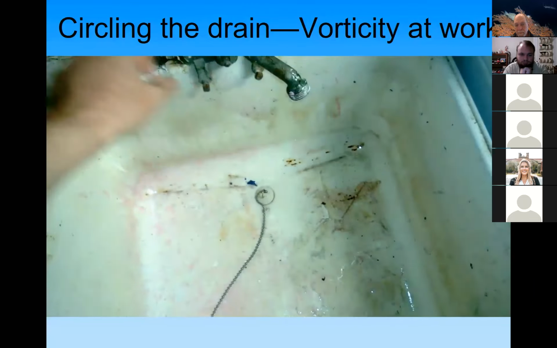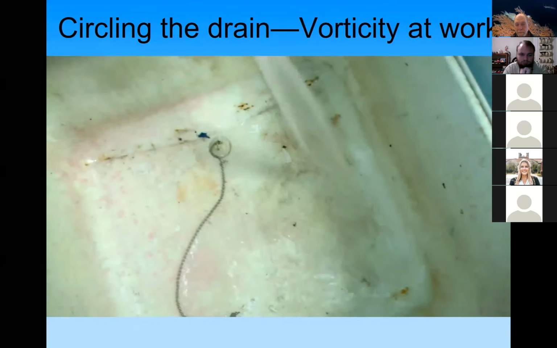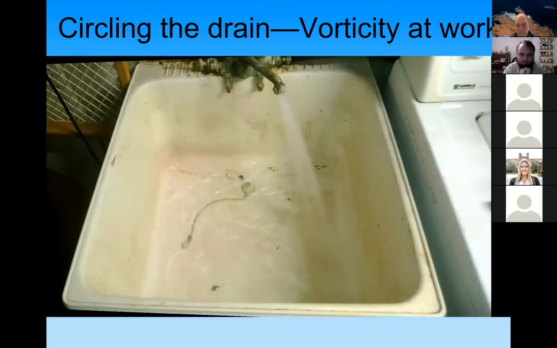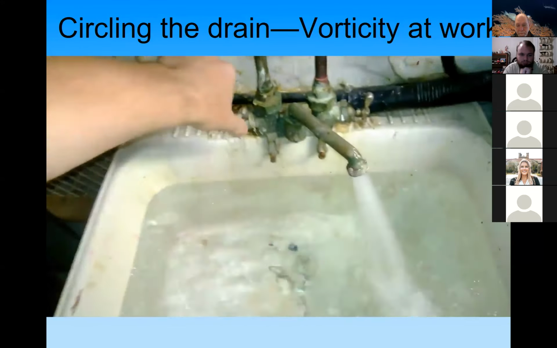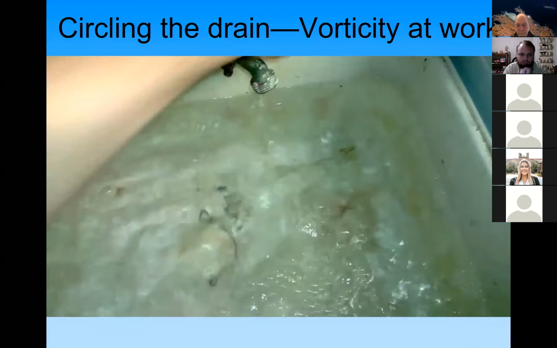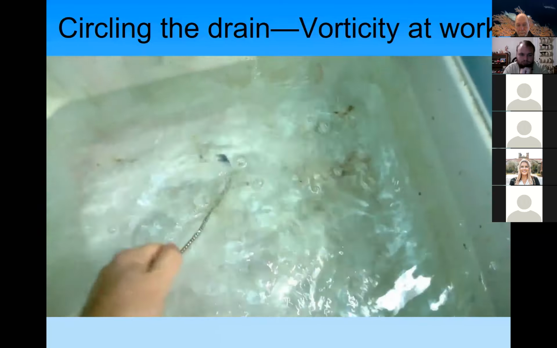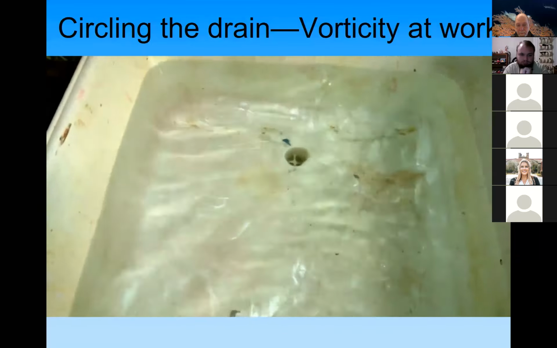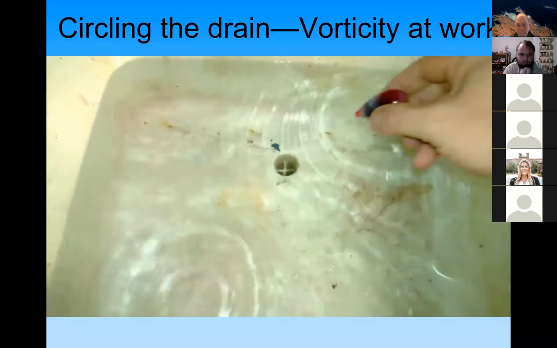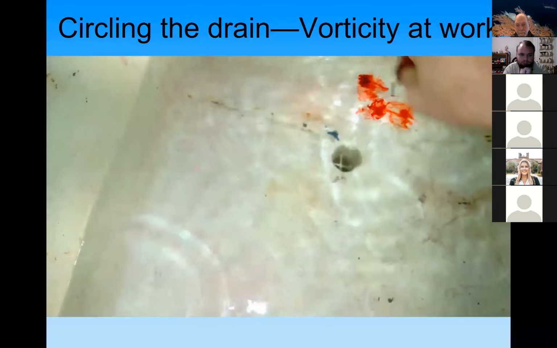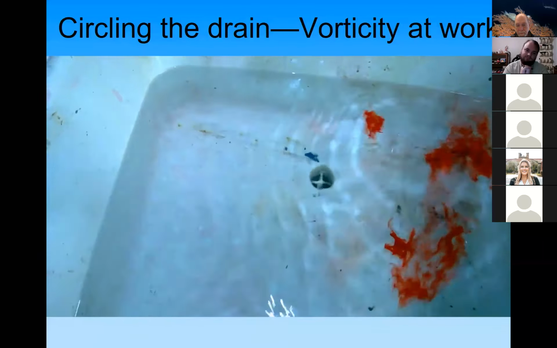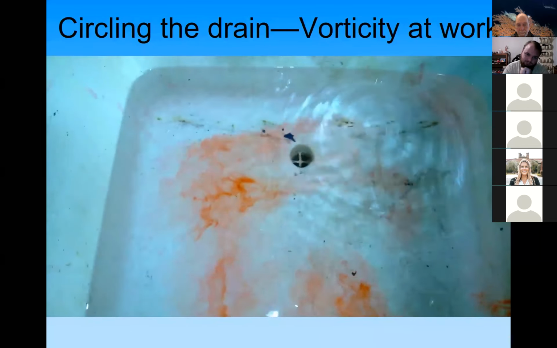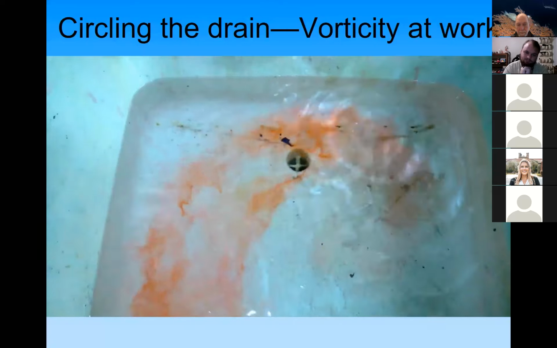Now the faucet is moved to fill from the right side. The water is making a clockwise rotation as the tub is being filled. The tub is filled and the drain is pulled. The water is draining clockwise.